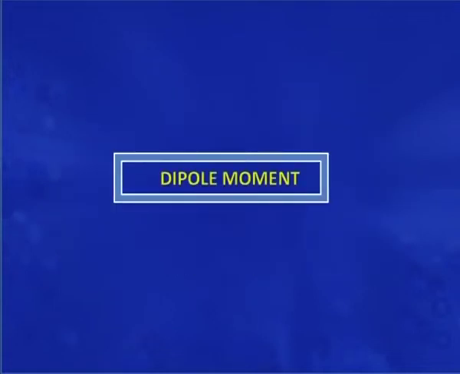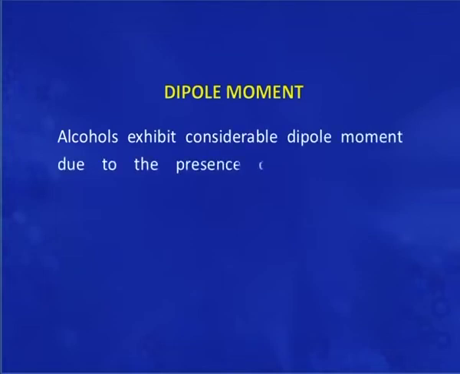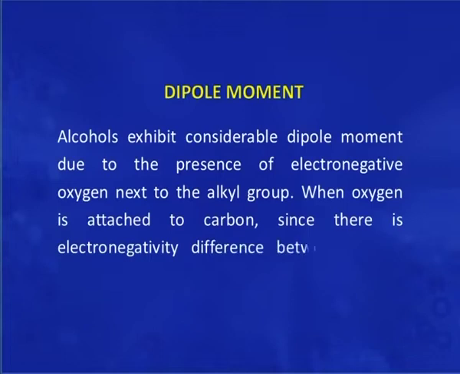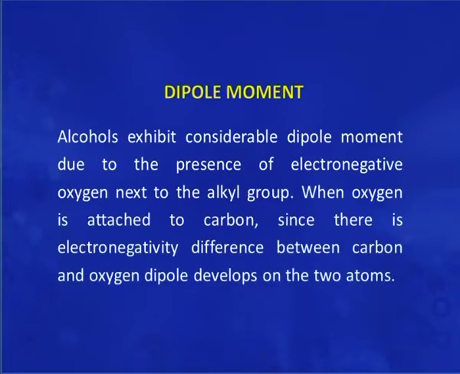Dipole moment. We will now discuss the dipole moment shown by alcohols. Alcohols exhibit considerable dipole moment due to the presence of electronegative oxygen next to the alkyl group. When oxygen is attached to carbon, since there is an electronegativity difference between carbon and oxygen, a dipole develops on the two atoms.